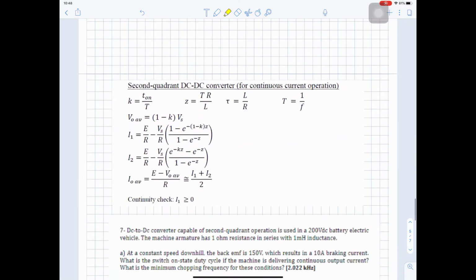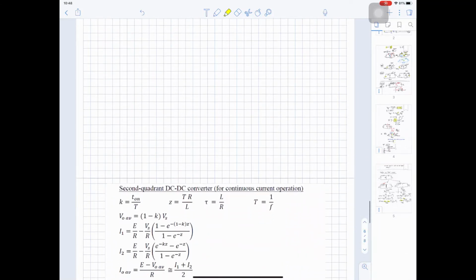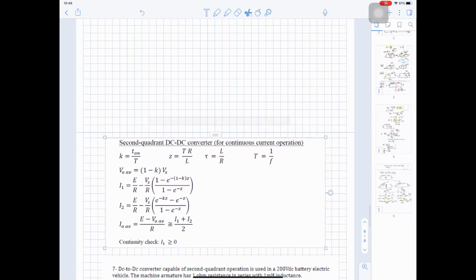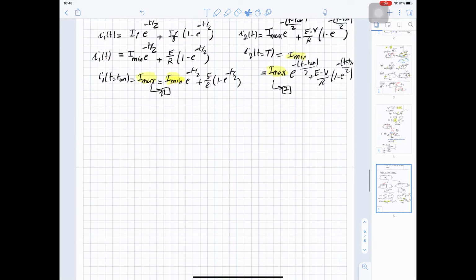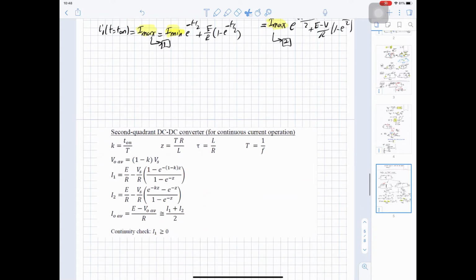So we can solve these two equations so we can get these expressions. So this is I1 or I minimum, and this is I2 or I maximum.